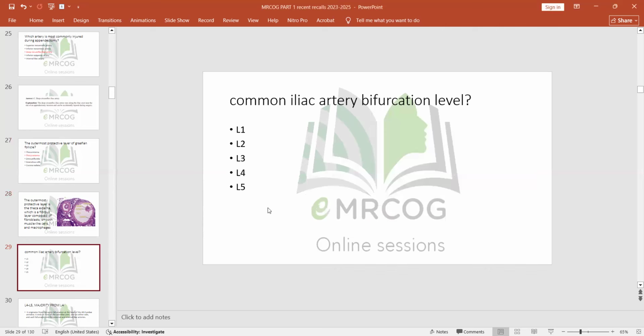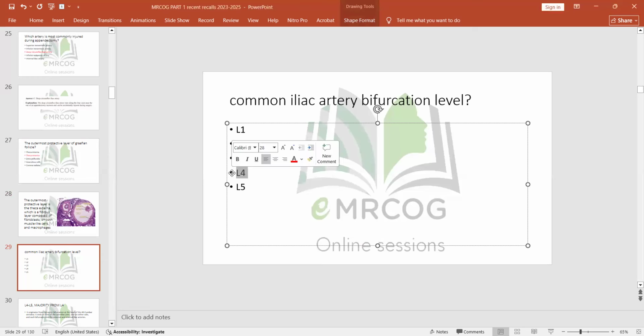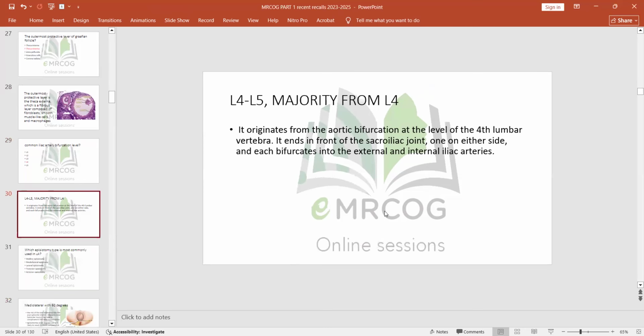Common iliac artery bifurcation level? Yes, excellent. It is L4 to L5, but mainly L4. Excellent answer. Look, guys, the majority is from L4.